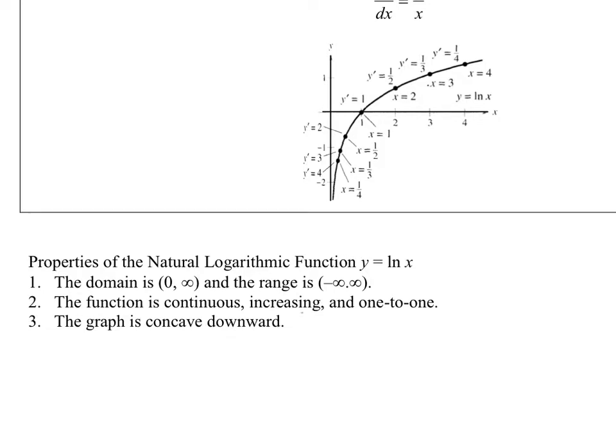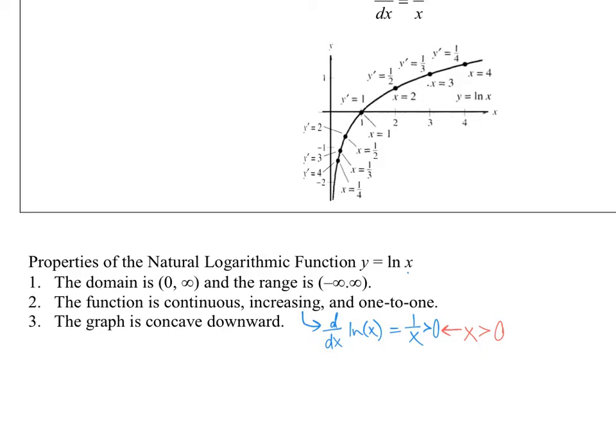Because the derivative is always greater than 0. The derivative of ln of x is 1/x, and if x is always greater than 0, then 1/x will always be greater than 0. Again, you have to think about the domain of this function. x greater than 0 forces 1/x to be greater than 0 always.